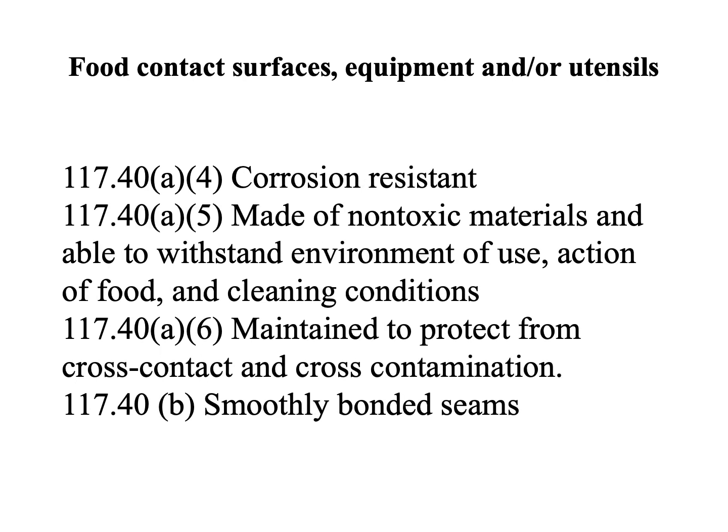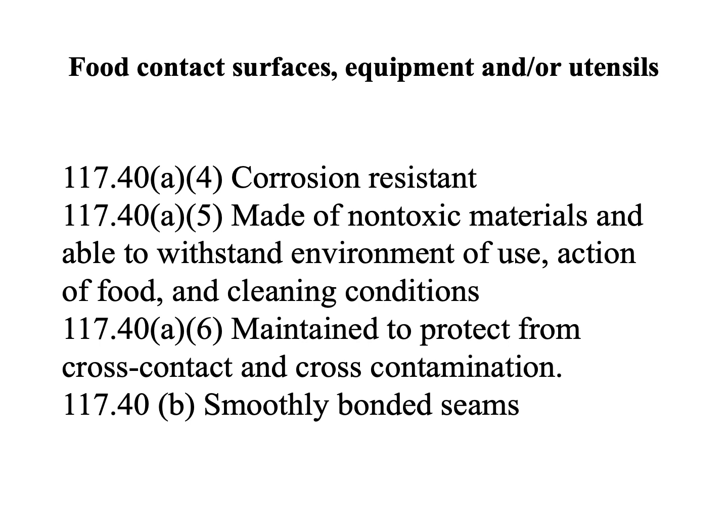Carrying on, my utensils must be corrosion resistant, made of non-toxic materials, and capable of withstanding normal use under normal conditions. And cleaning must be maintained to protect against what? There it is again, cross-contact and cross-contamination.